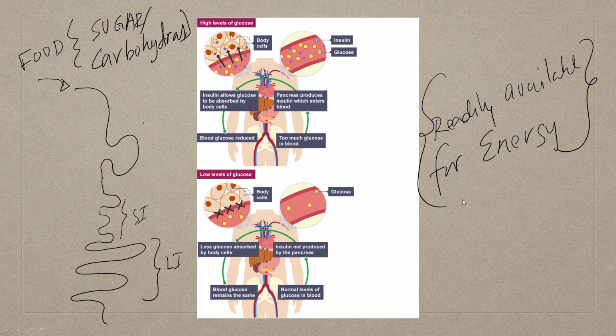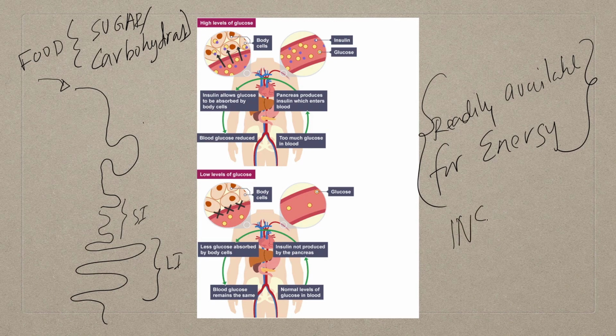Now, these carbohydrates are being absorbed from the food by the blood. This absorption process is being facilitated by insulin. So, insulin is kind of a gatekeeper.